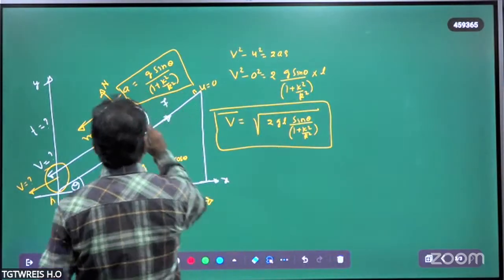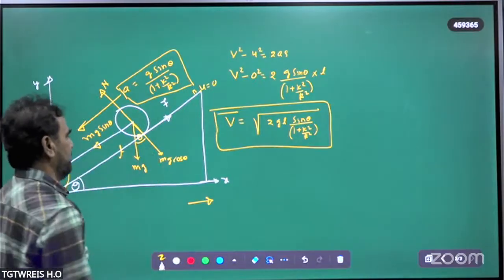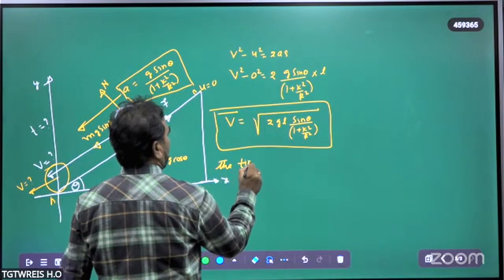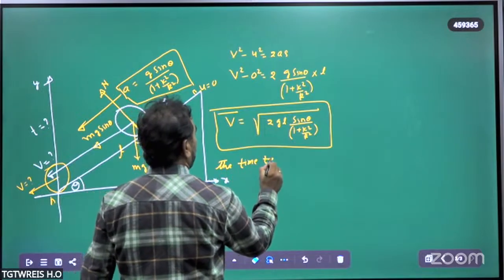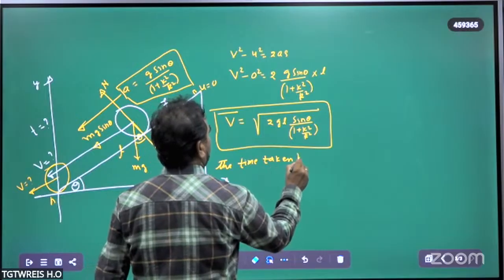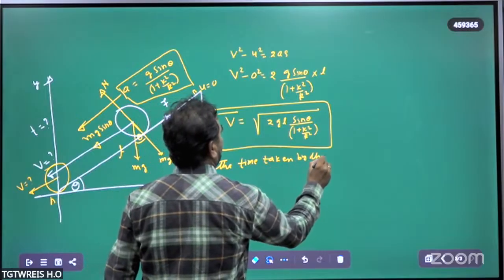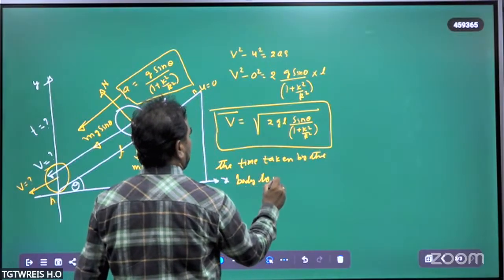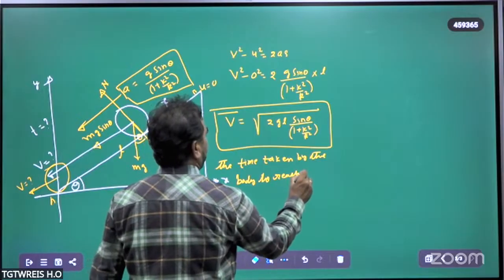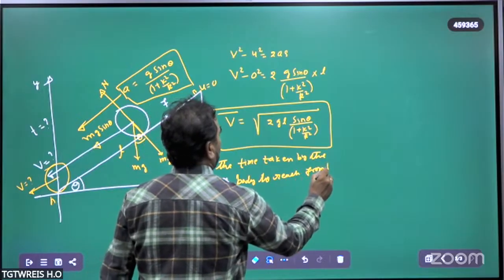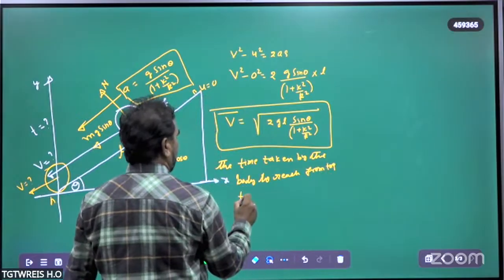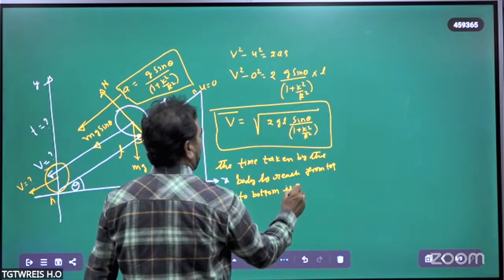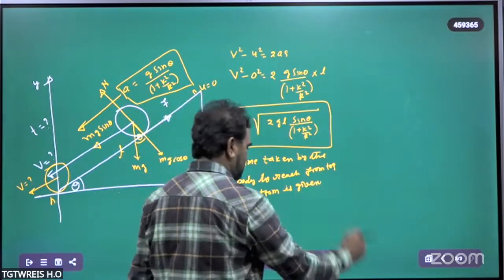The time taken by the body to reach from top to bottom is given by, how much time it will take?